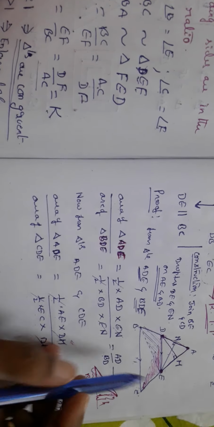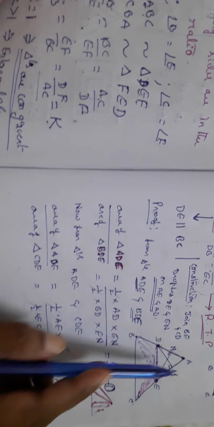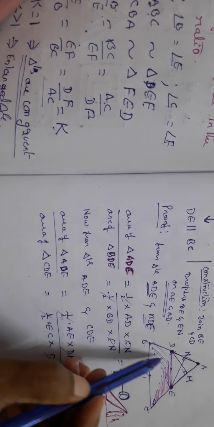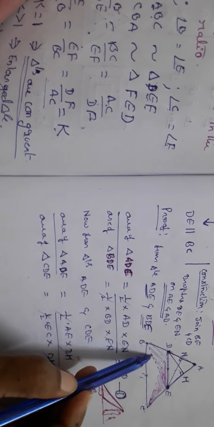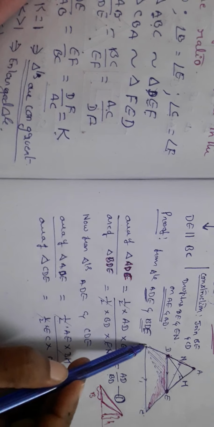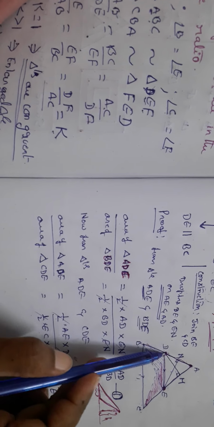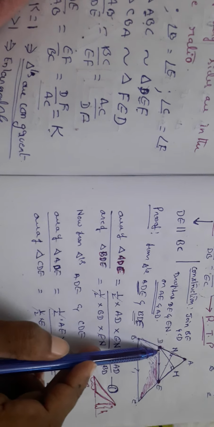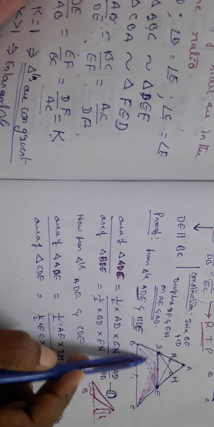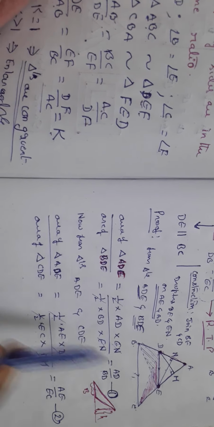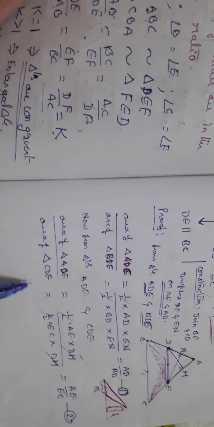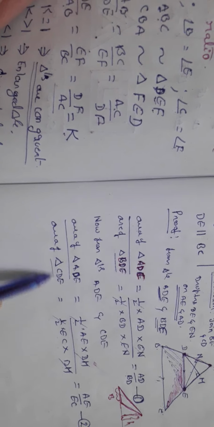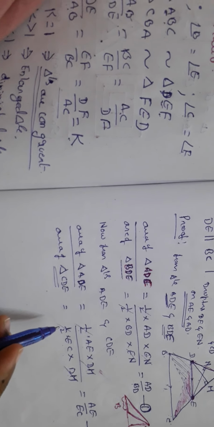Now please observe. This is already triangle ADE, same. Now observe, you have two triangles on the same common base with the same height. That means area of triangle BDE is equal to area of triangle CDE.